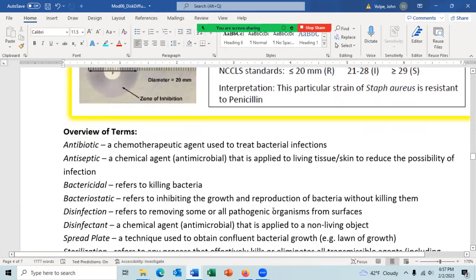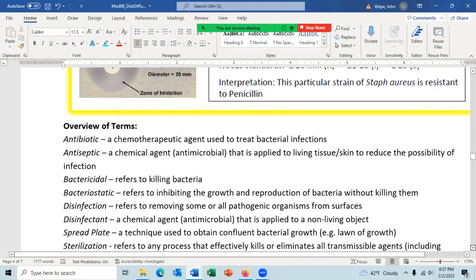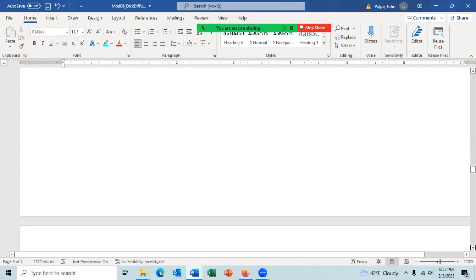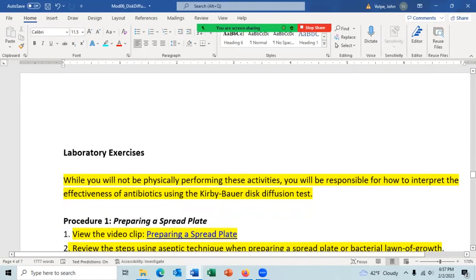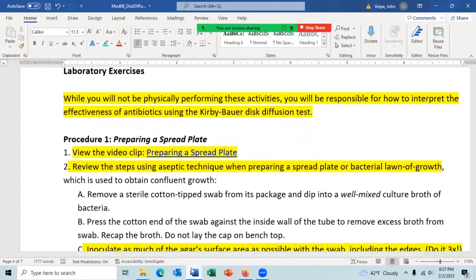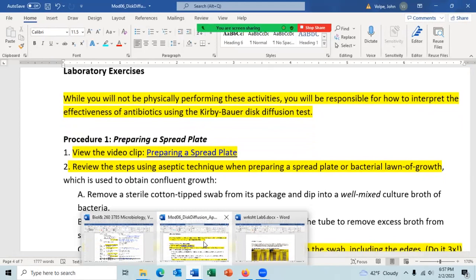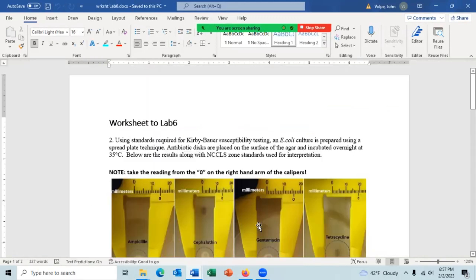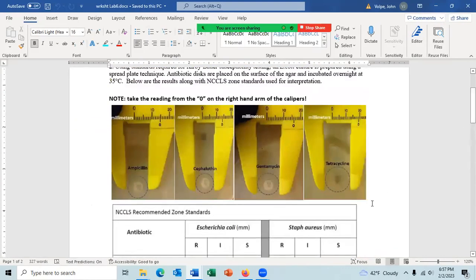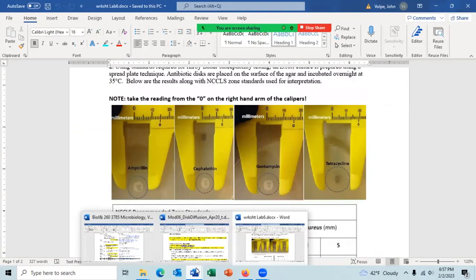If not, know the terms of this lab and then work on the questions. Let me go to the questions. And that'll be in the worksheet, I think. Remember to only submit the worksheet. Do not submit the lab module. It looks like this worksheet's cut a little more.